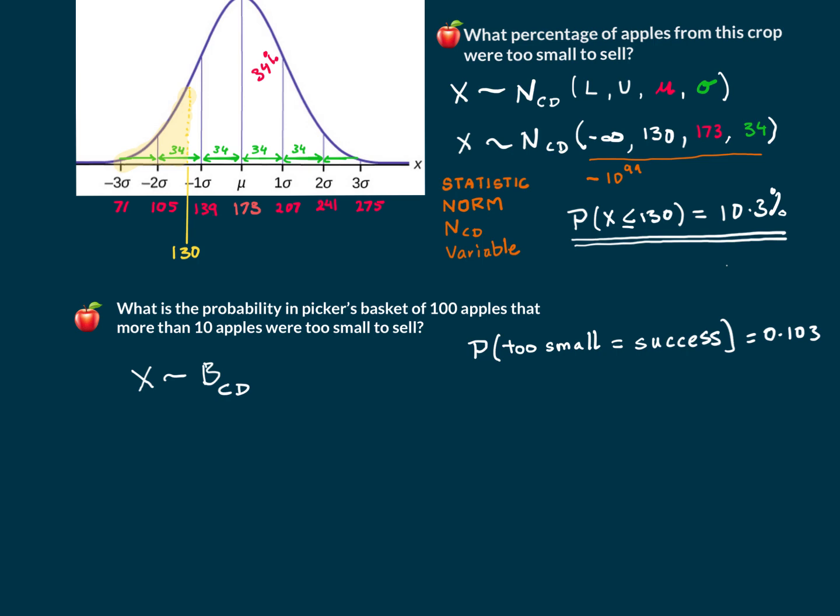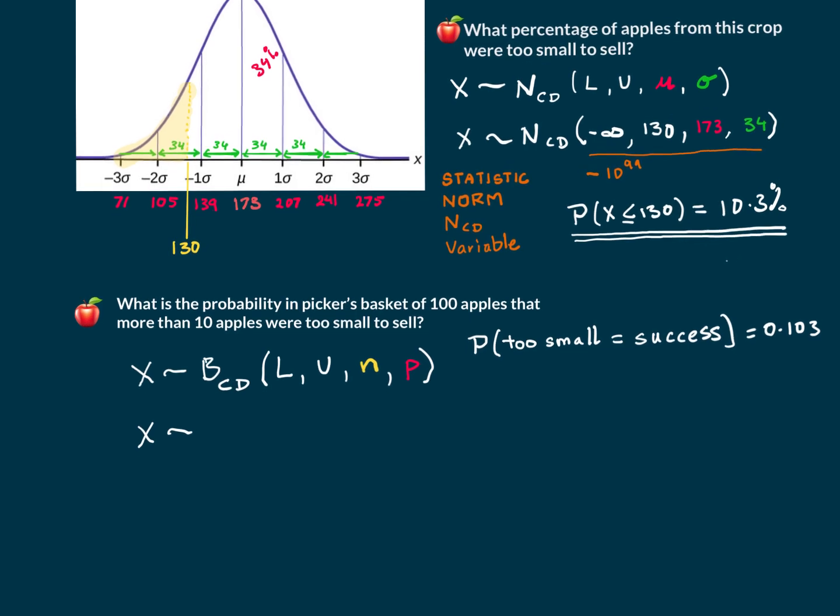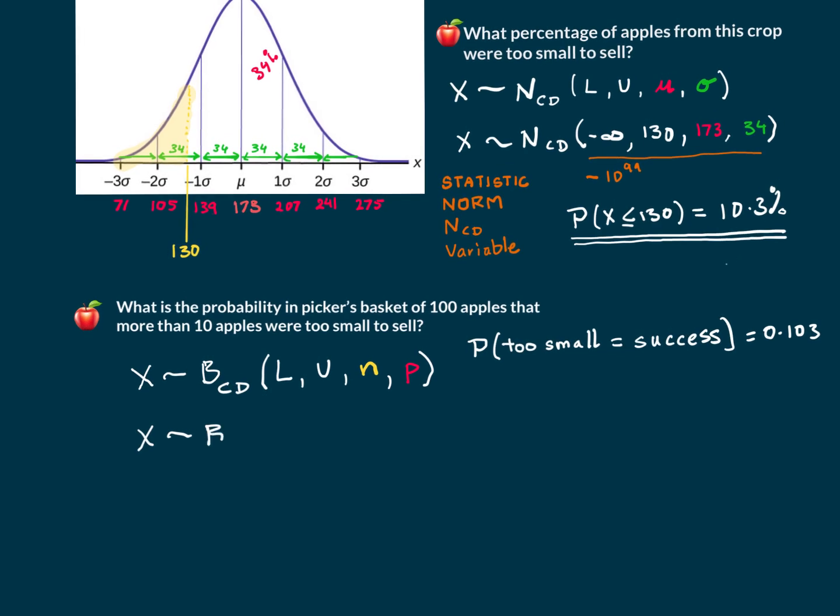You might be wanting 11 or 12 or 13, up to 100. So you will have boundaries, a lower boundary and an upper boundary. You also need to know the number of trials you're going to take, and then you need to know the probability of that success.